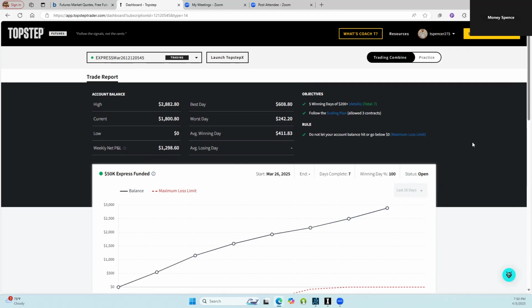Now, my final thoughts: day trading futures requires patience, discipline, and consistency, whether you're using your own capital or a funded account with Top Step. Focus on mastering one strategy, improving your risk management, and journaling your trades. Over time, you can refine your approach and scale up for long-term profitability, but you want to start off small.